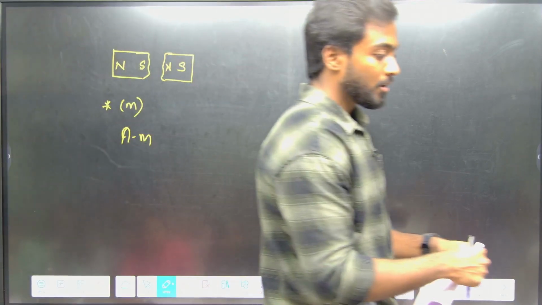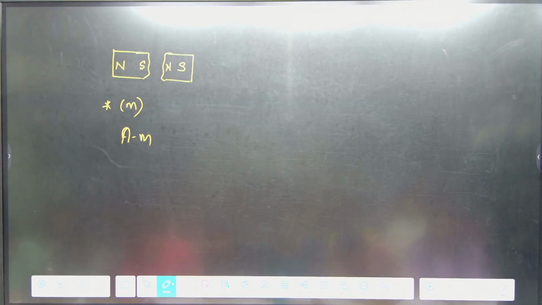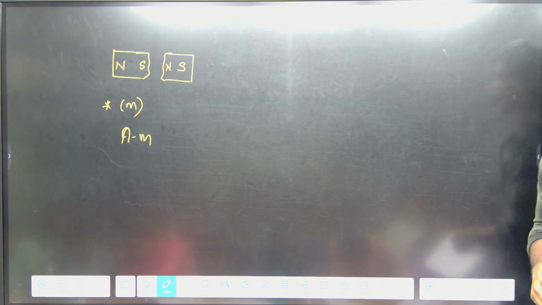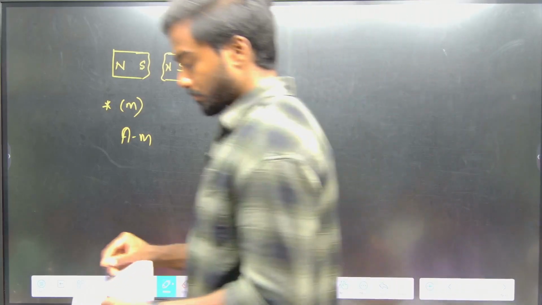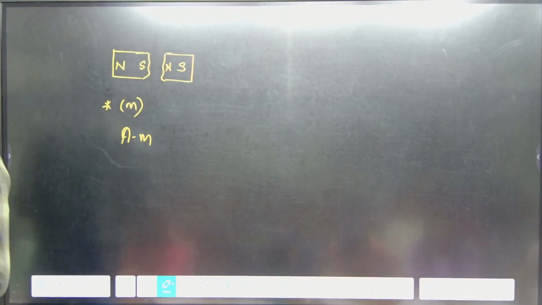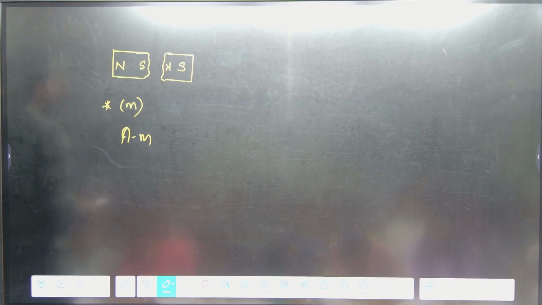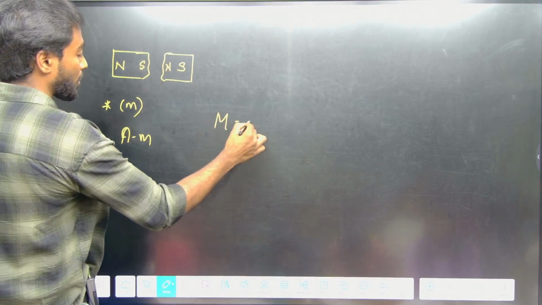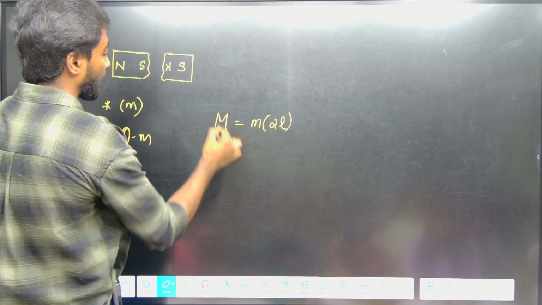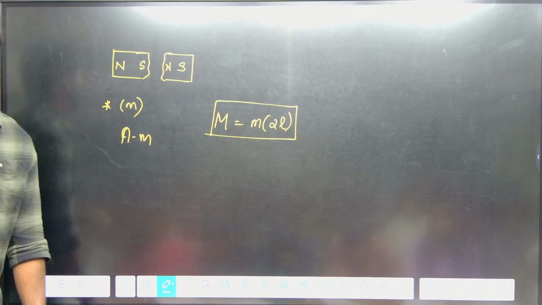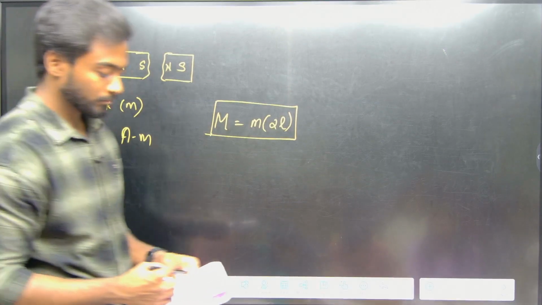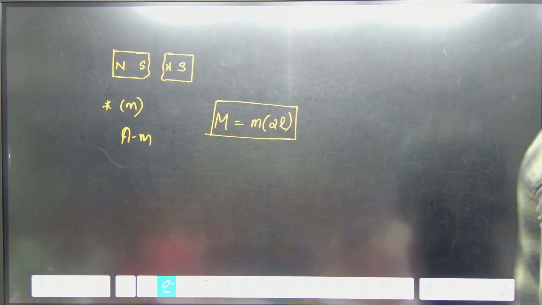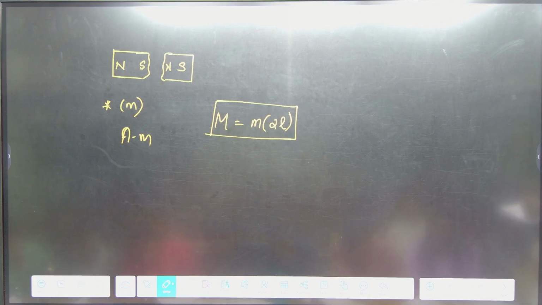So the next point, comparing with the electric dipole, the magnetic dipole moment capital M is equal to small m times 2L. Write down the SI unit: ampere meter square.